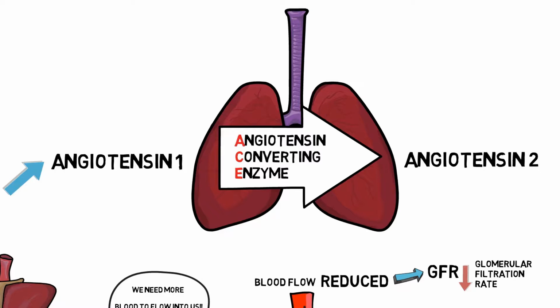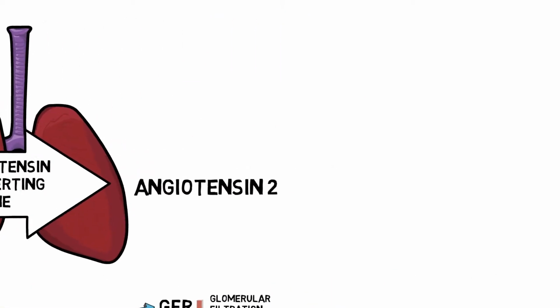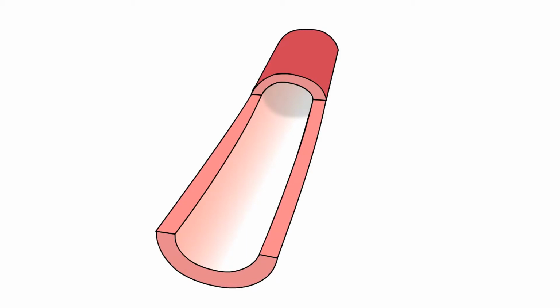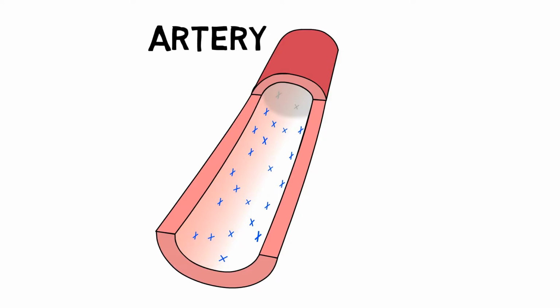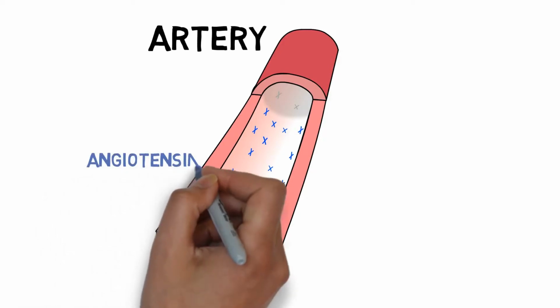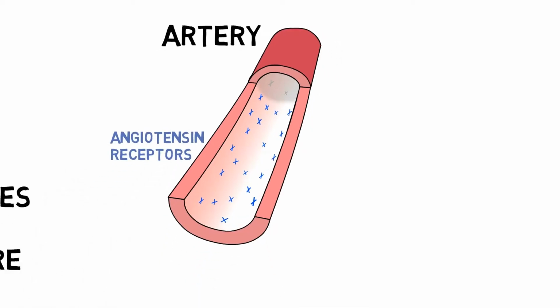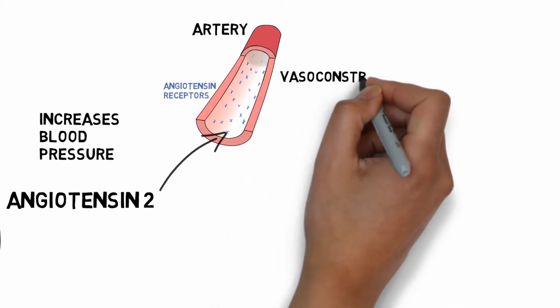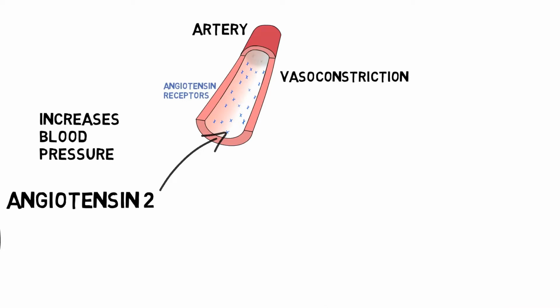So angiotensin 2 is a very active chemical. It can increase the blood pressure in two distinct ways. The first way is in the arteries. The arteries are lined with what are called angiotensin receptors. When these get stimulated by angiotensin 2, they cause something called vasoconstriction.